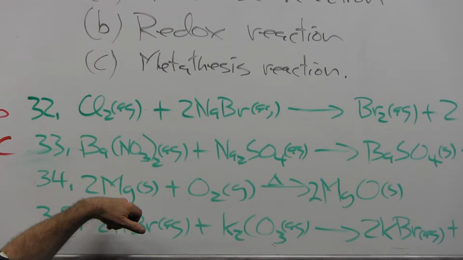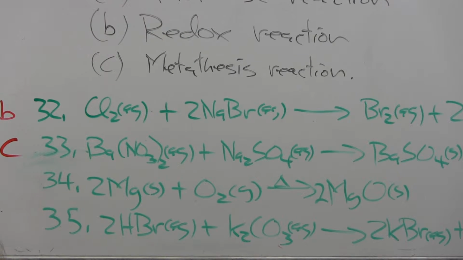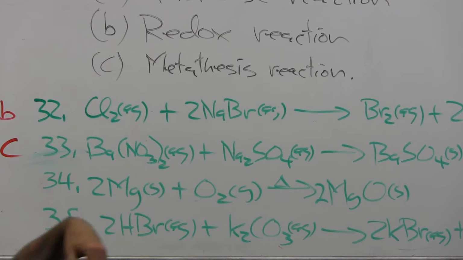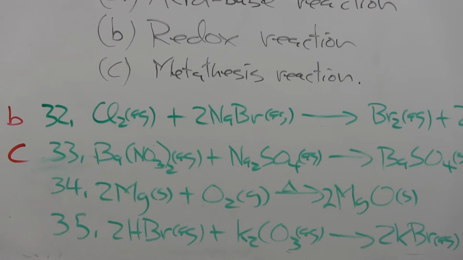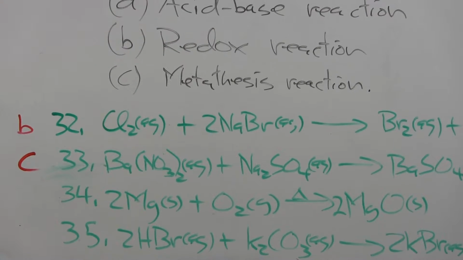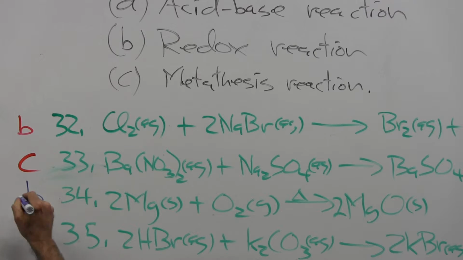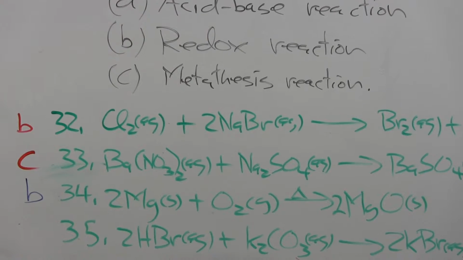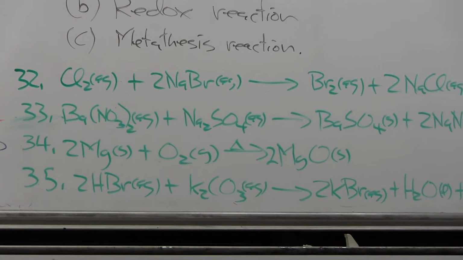I've got 2 pure elements in the zero oxidation state on the left, and the same elements on the right, not in the zero oxidation state. This is a redox reaction, clear and simple, also known as a combustion reaction. But this is redox, so B is the right option. So fill in the B bubble on the Scantron, put a B hard copy on the test.